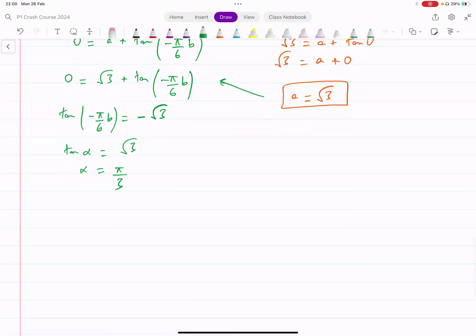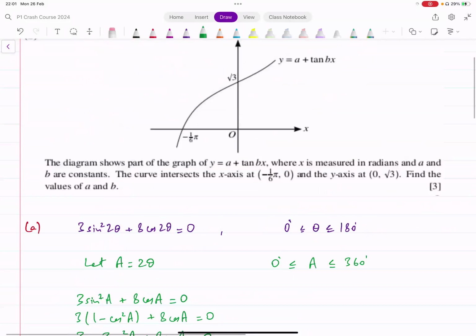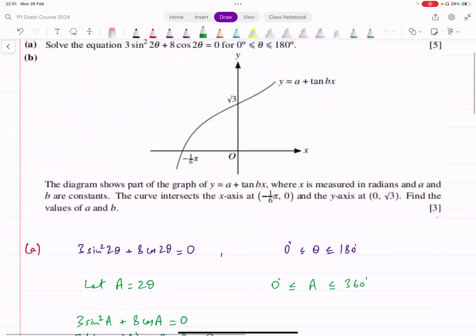Now tan is negative. That means it's going to be either the second quadrant or the fourth quadrant. Does it say anything about a and b being positive or negative? It does not say that. The graph shape looks like this.